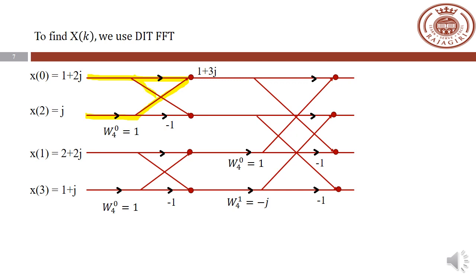Similarly, for the next sample value, we have 1 plus 2j from this branch and j into W4 raised to 0 into minus 1, which is minus j, from the other branch. So these two add up to give 1 plus 2j minus j, which is 1 plus j. Similarly, the other output samples can also be found out as 3 plus 3j and 1 plus j.